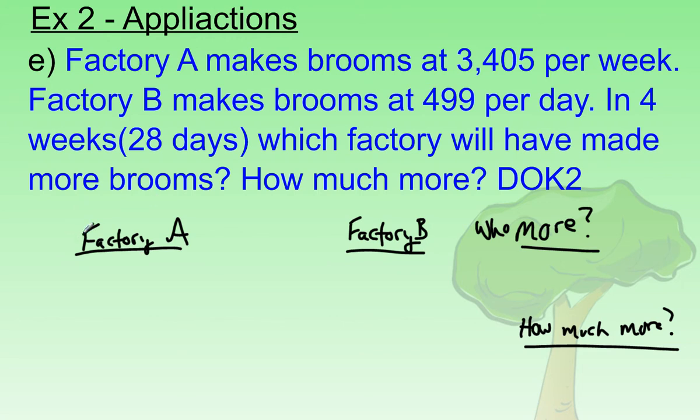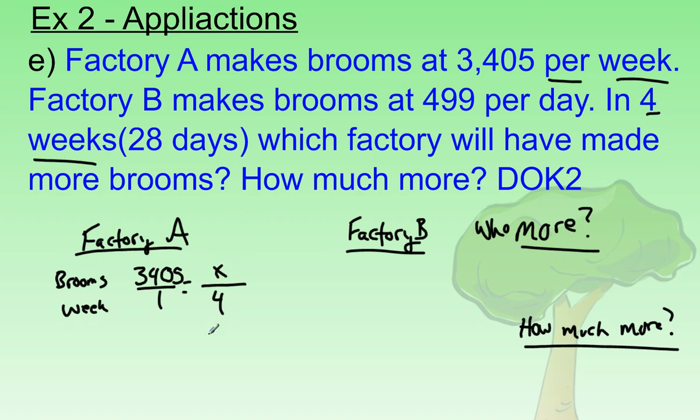So Factory A makes 3,405 brooms per week. So in 1 week. And we want to know how many they're making in 4 weeks. In 4 weeks, x. Cross multiply this baby out.